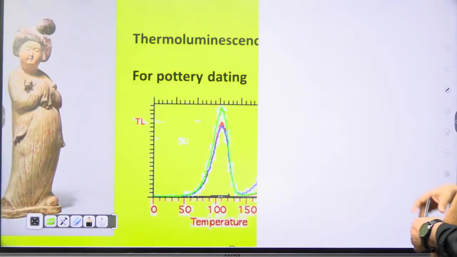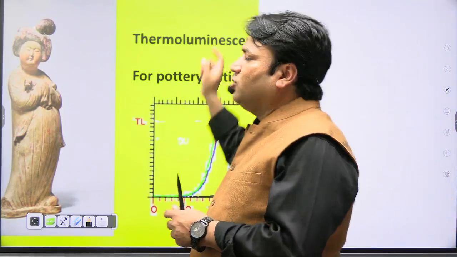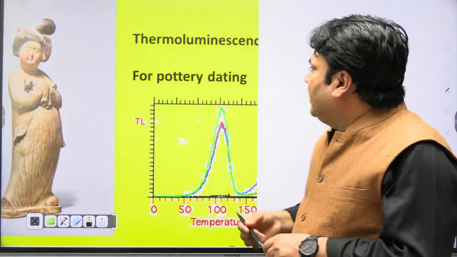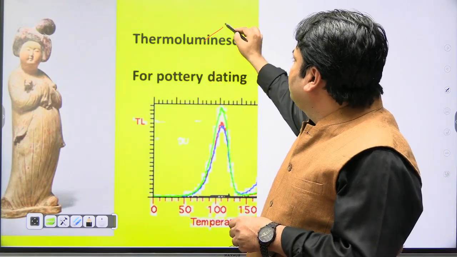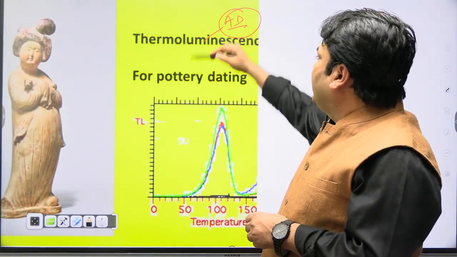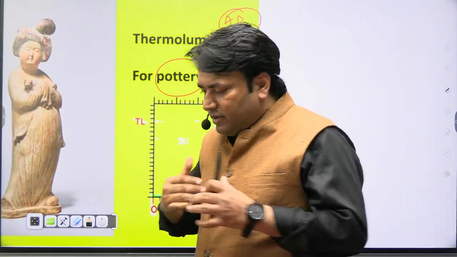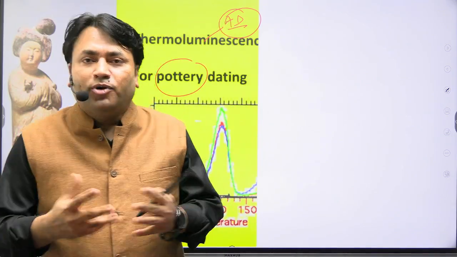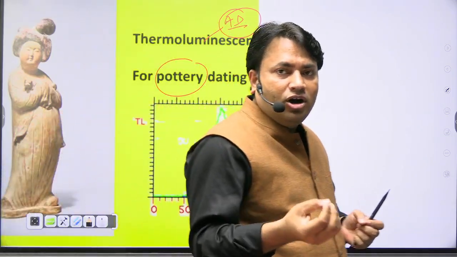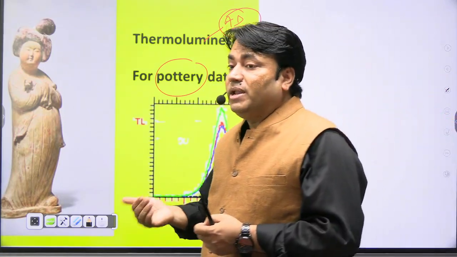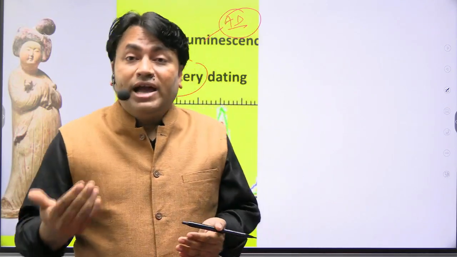Then another method was thermoluminescence, which is also used for absolute dating, and I have told you that this is absolute dating. It is used for dating pottery. For example, when we discuss ancient India, we will discuss pottery: ochre colored pottery, painted grey ware pottery, northern black polished ware, red and black ware.